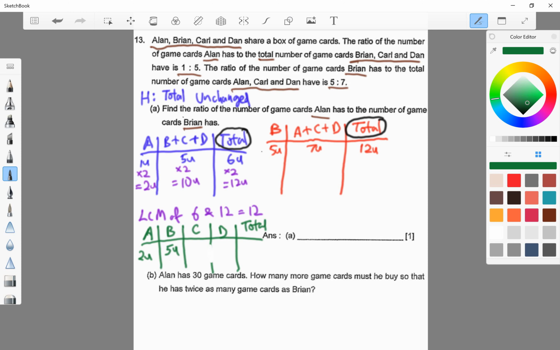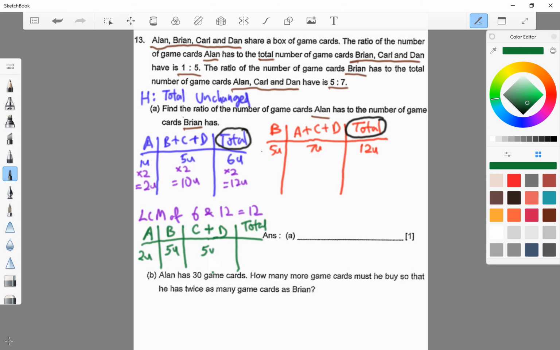So let me make some adjustments to fit in my C and D. That's the wonderful thing about having this special board. I can make changes very easily. So C and D has got to be 5 units.